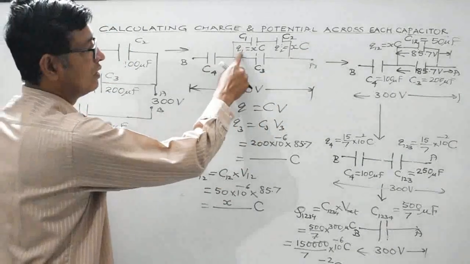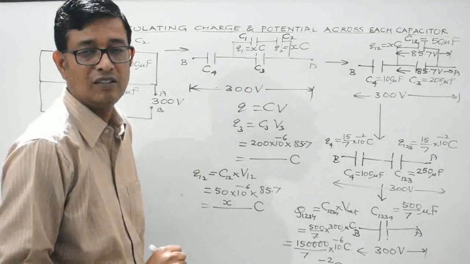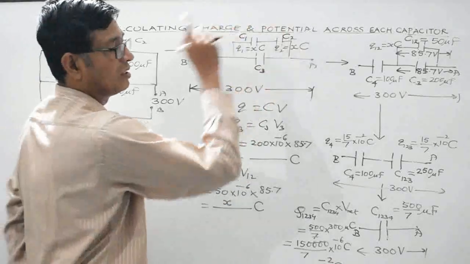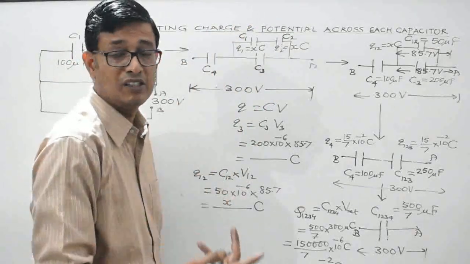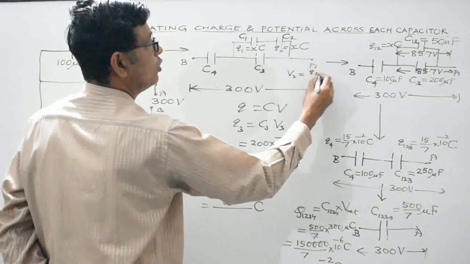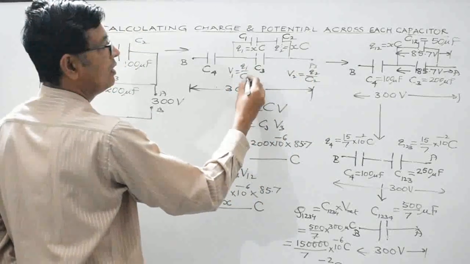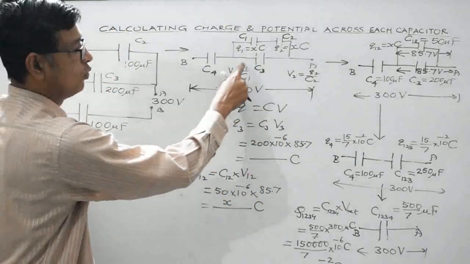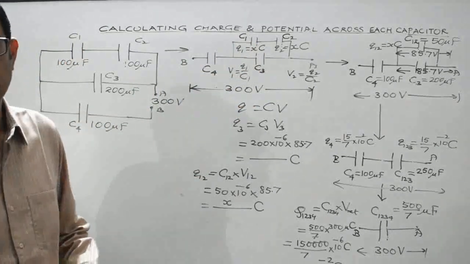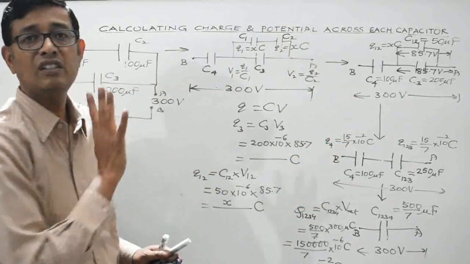Now, Q1 is known to us, C1 is known to us. V1 can be easily calculated. Similarly, Q2 is known to us, C2 is known to us. V2 can be easily calculated. V2 would be equal to Q2 by C2. V1 would be equal to Q1 by C1. So knowing the value of Q1 and C1, you can easily find out the value of V1, V2. Right? So all the 8 answers can be easily determined.